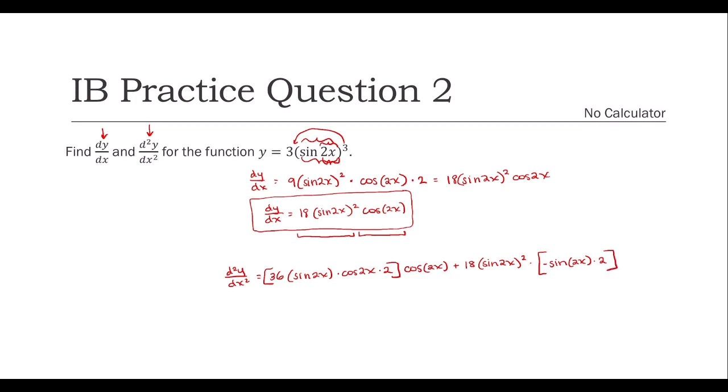So now we can go ahead and work on simplifying. So this will equal 36 times 2, which is 72. And then we have sine of 2x. And then cosine of 2x times cosine of 2x is cosine of 2x squared. Then plus, we'll have 18 times 2 is 36.